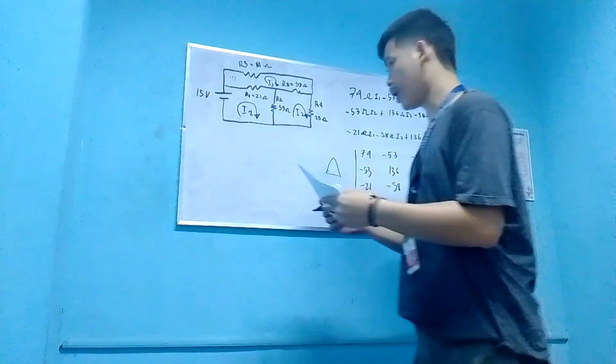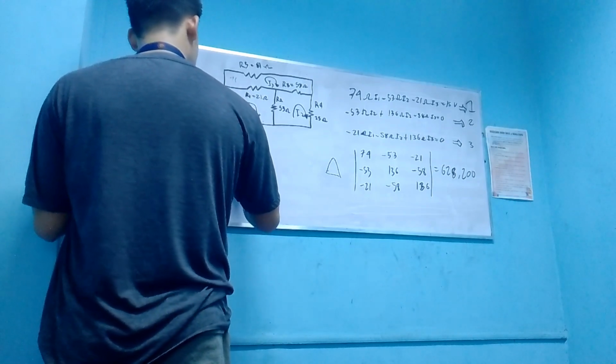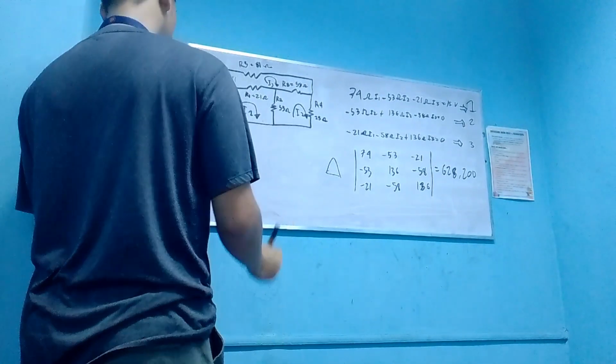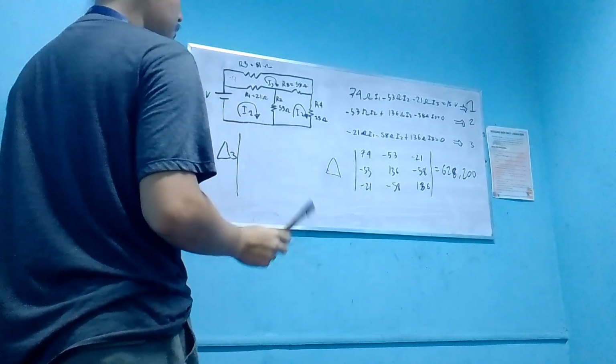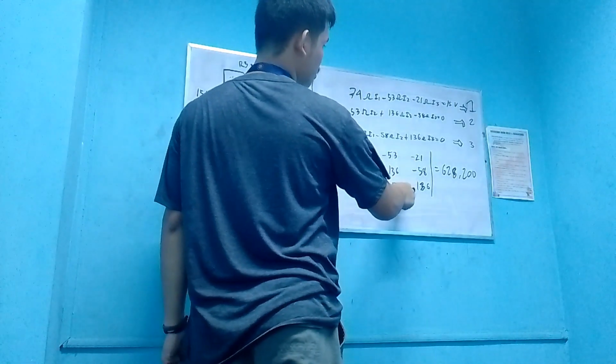Next, we're gonna solve for our delta sub 3. By using matrix, but we're gonna change this into our equals.